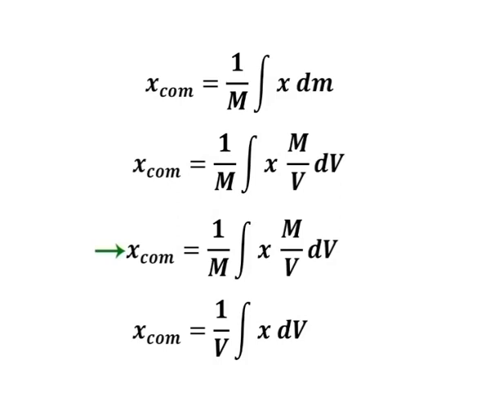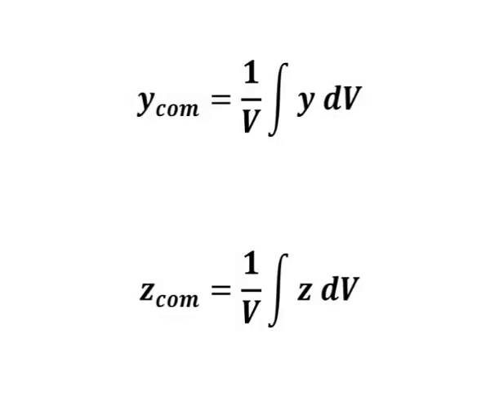Here M and M cancel and we get x center of mass is equal to 1 upon V integral x dV. Similarly, the center of mass for the y axis becomes 1 upon V integral y dV, and for the z axis, z center of mass is equal to 1 upon V integral z dV.